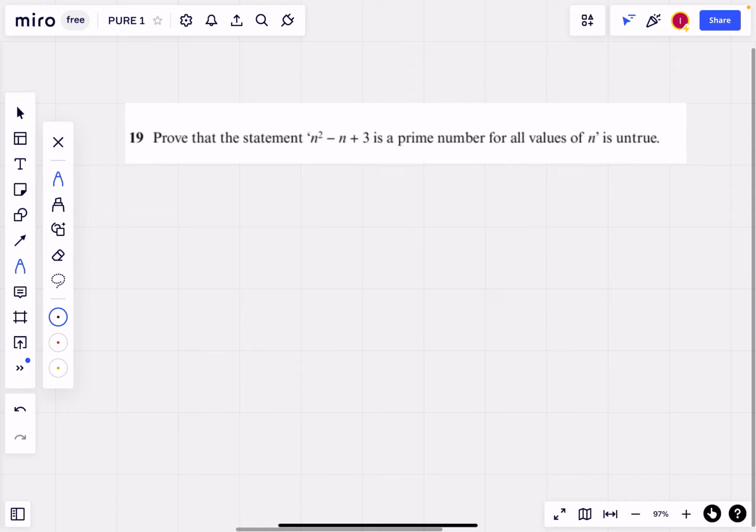So all you have to do is find an integer where it disproves that hypothesis. Only one. As long as you have one, there you go, it's untrue. So can you think of a number where if you plug it into n squared minus n plus 3, you don't get a prime number?